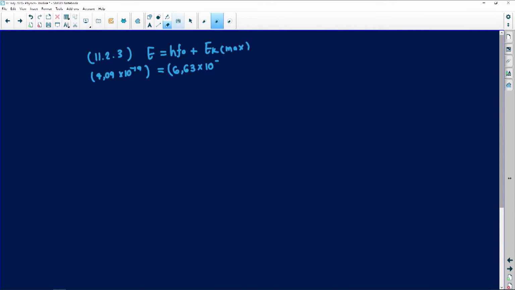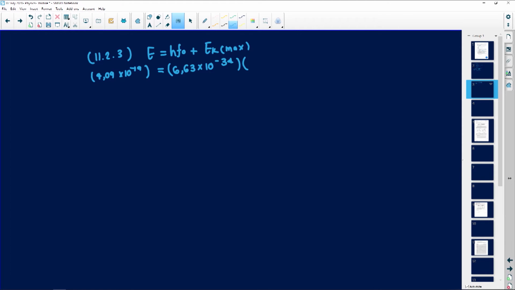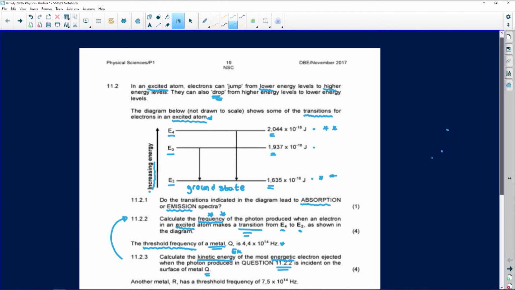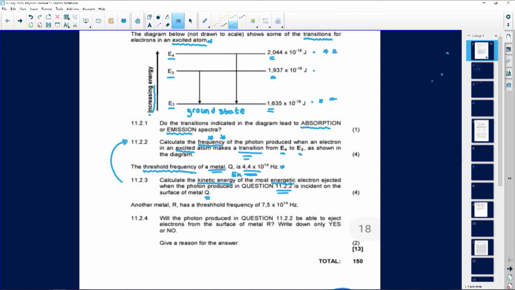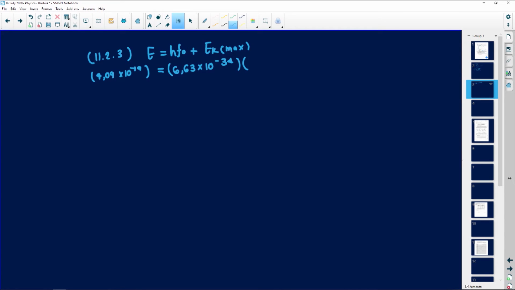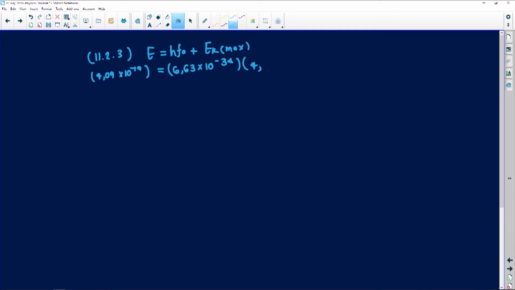And then for the frequency, we didn't calculate it, we are given it. They told us that the threshold frequency for this metal is 4.4 times 10 to the 14. So I'm going to put it there because that is my threshold frequency. That is 4.4 times 10 to the 14 hertz.